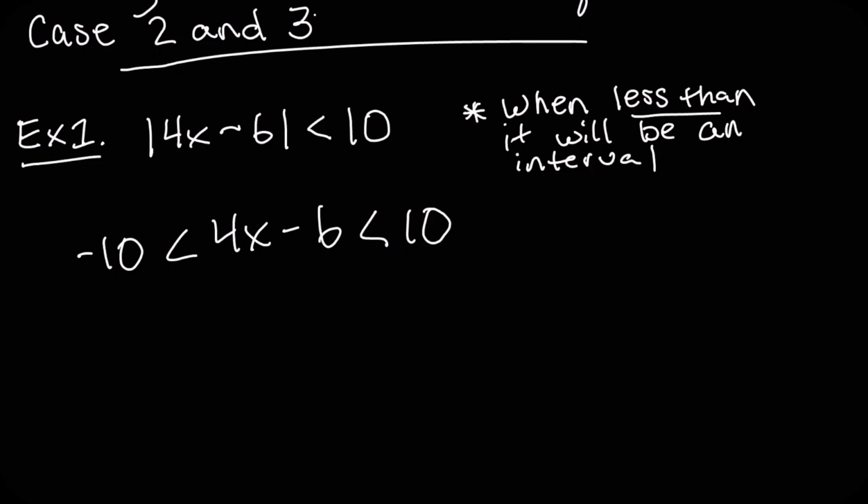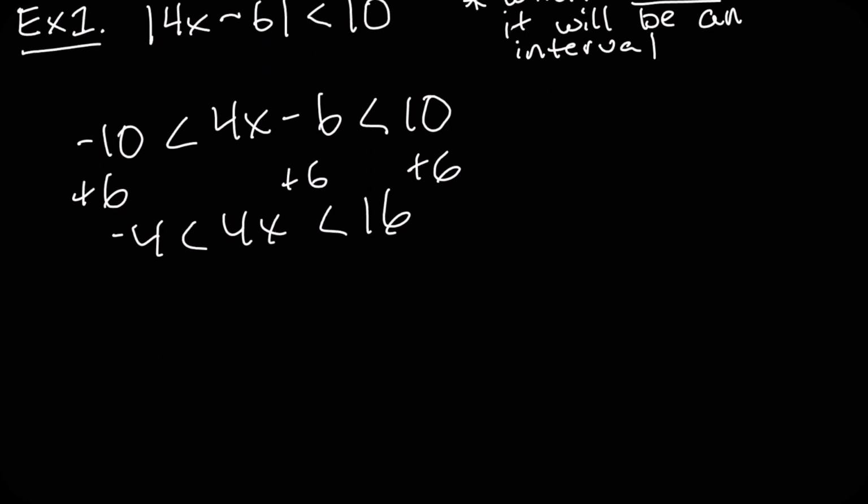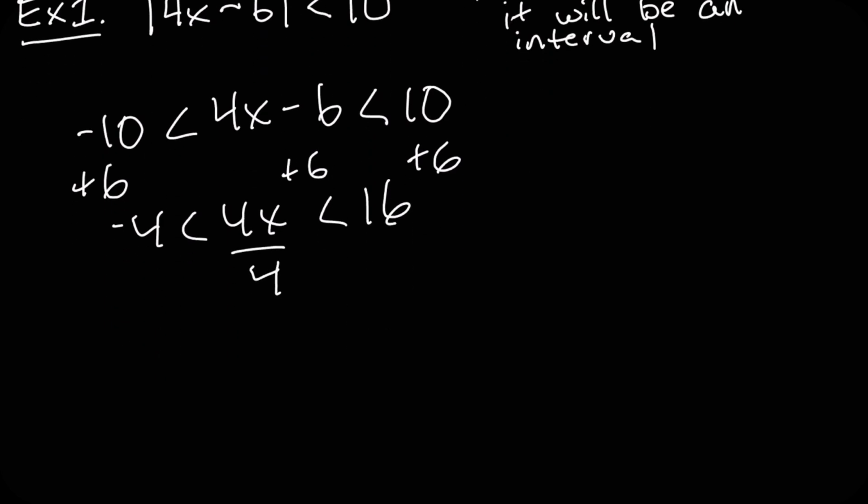Okay, so go ahead and get your constants on the right and left hand sides. Add 6, and add 6. So we'll have negative 4 less than 4x, and then just less than 16. And then go ahead and divide by 4.